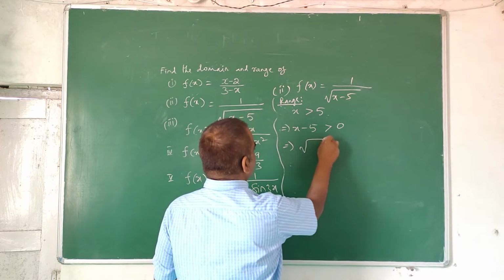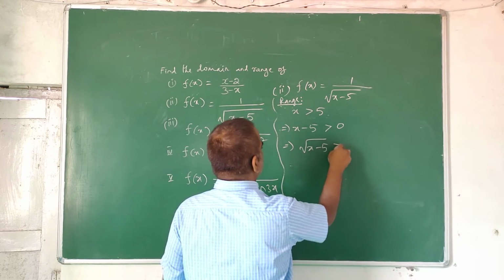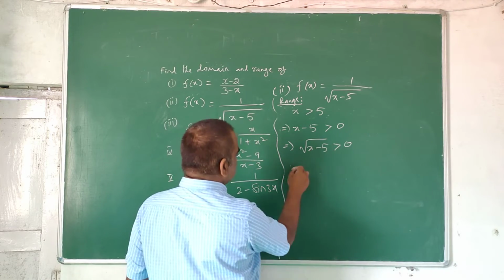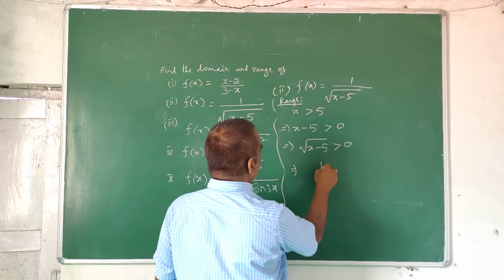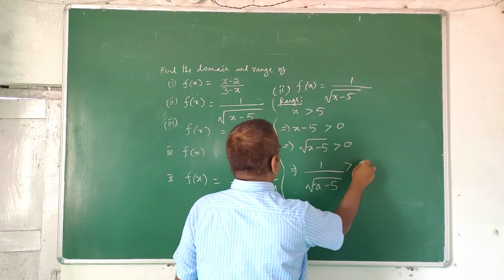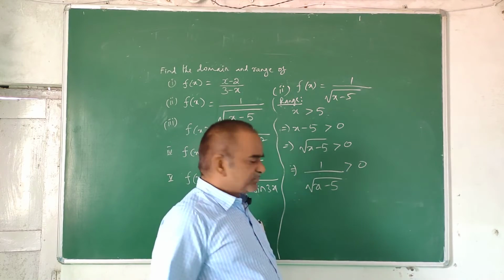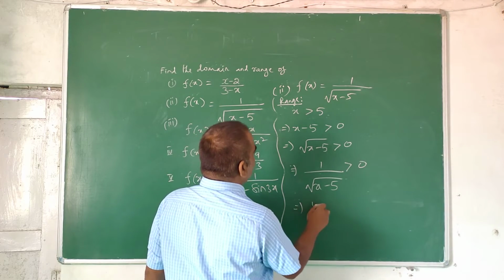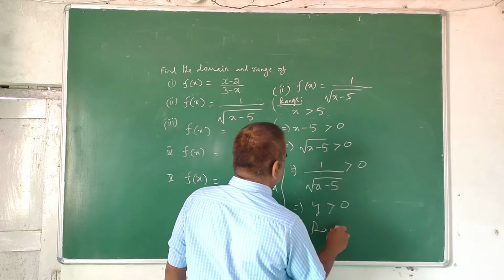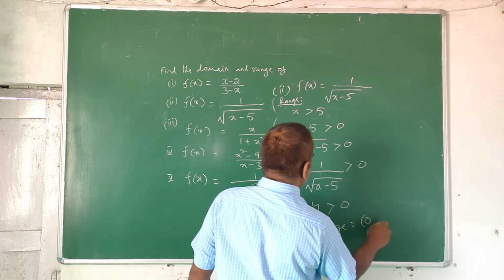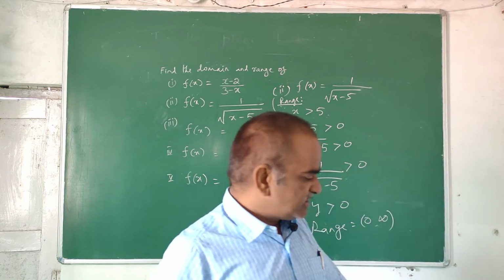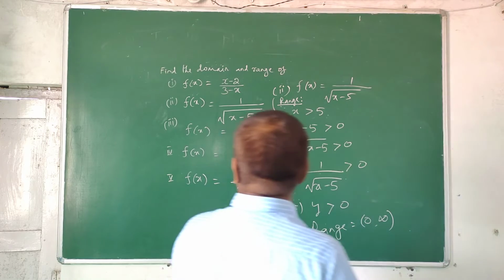So root x minus 5 is greater than 0. As root x minus 5 is greater than 0, 1 by root x minus 5 is also greater than 0. That means y is greater than 0. Therefore, the range is the open interval 0 comma infinity. Understood? Coming to the next question.